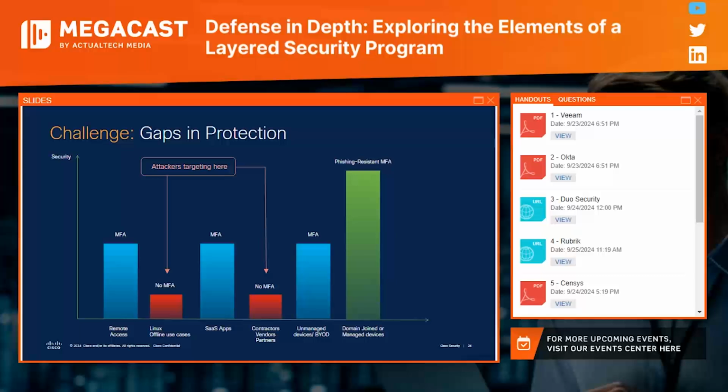And in some cases, they also have no MFA, or there are gaps where they haven't set up MFA, maybe because it's technically difficult. There's a high turnover with contractors, so it's hard to get them to perform MFA. So attackers tend to target in those areas where there isn't MFA, or with those more advanced techniques like adversary in the middle, they actually target things like MFA now as well.